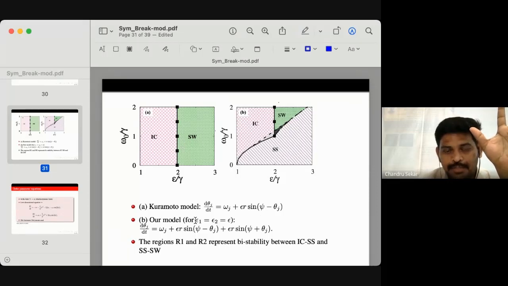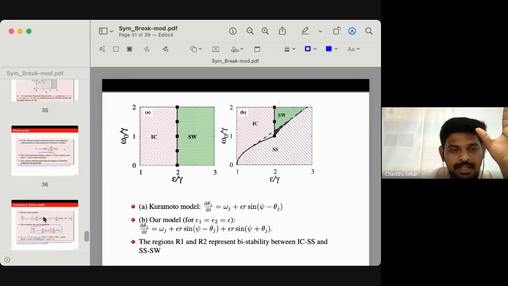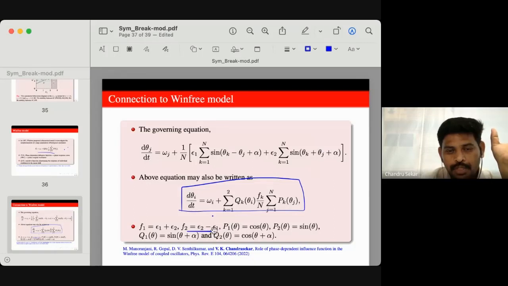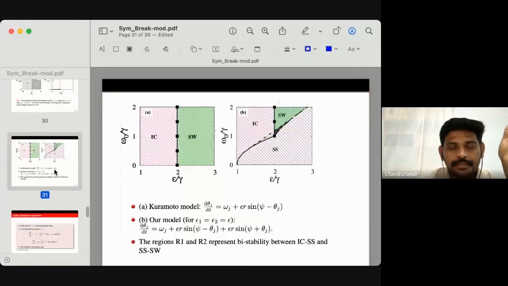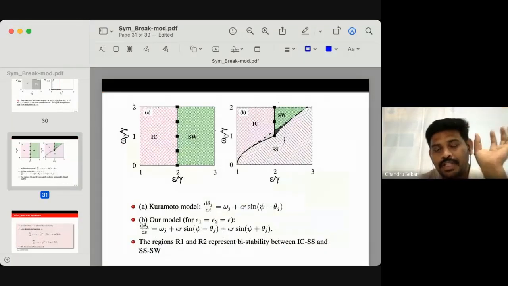Since here we assume epsilon 1 equal to epsilon 2 equal to epsilon, we have only one phase-dependent sensitivity function and influence function. In that situation, our model is equal to the mean-field model, and this phase diagram resembles the mean-field phase diagram.